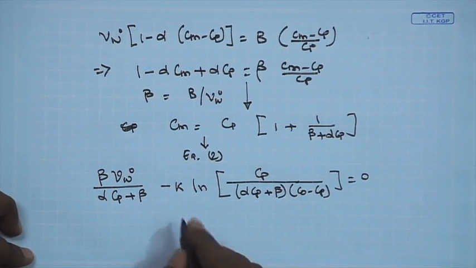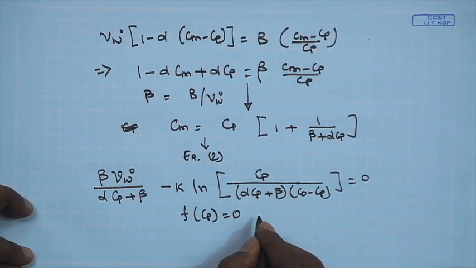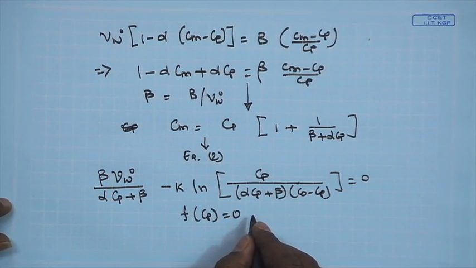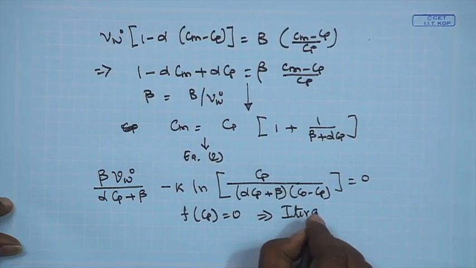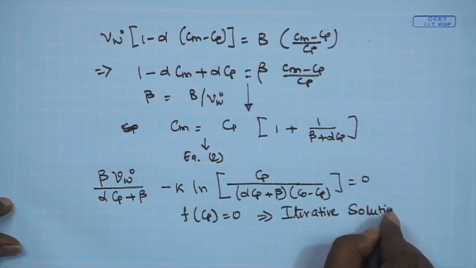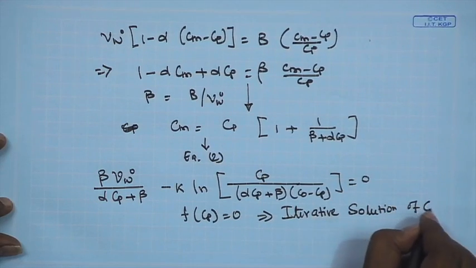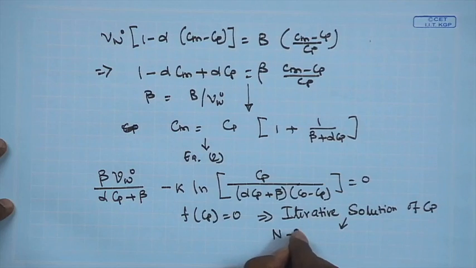Again, this expression is nothing but a nonlinear algebraic equation in Cp, and again one has to go by an iterative solution of Cp, and the method that can be used is the Newton-Raphson method.